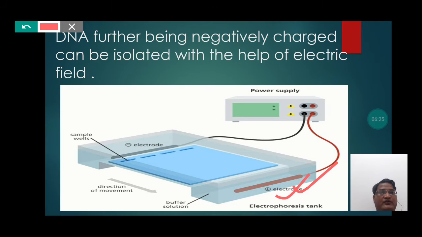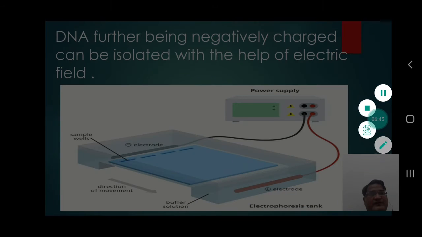So students, here you can notice easily that there are two electrodes, negative electrode and the positive electrode, which we can say as the negative plate and the positive plate. Students, we know very well that the DNA is negatively charged.